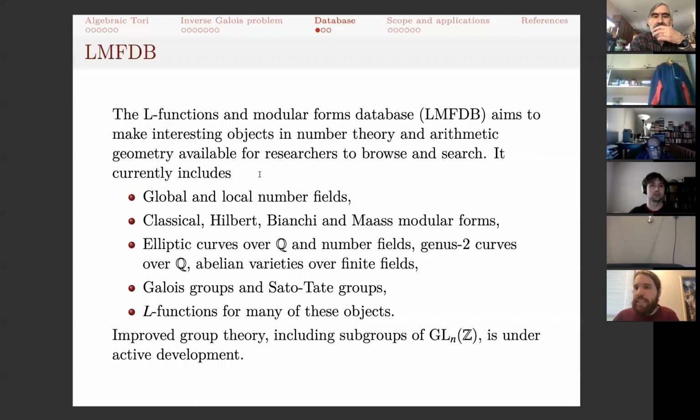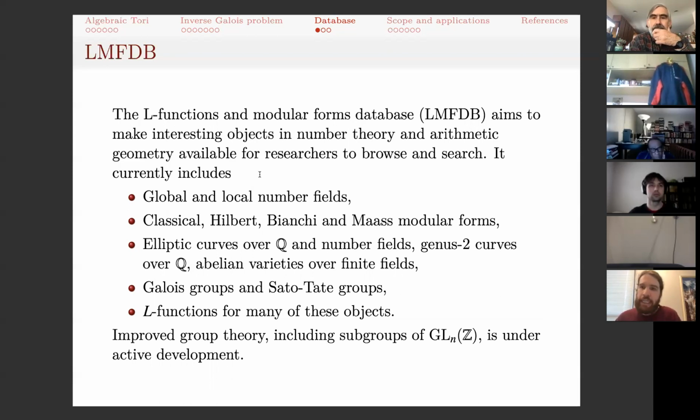I'm hoping to add this to the L-functions and modular forms database. This is a database in number theory and arithmetic geometry that includes a bunch of objects of interest, and a lot of development is happening on it at MIT, as well as some other institutions.